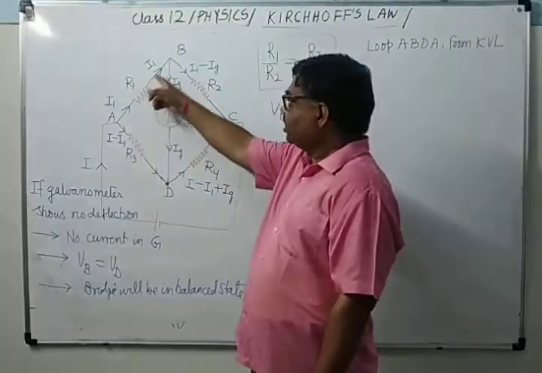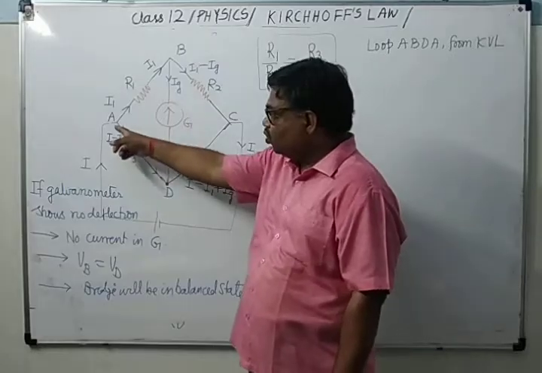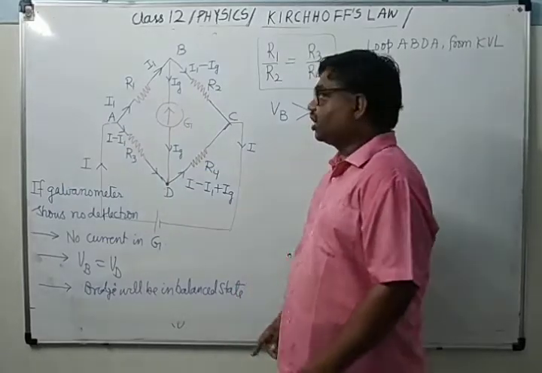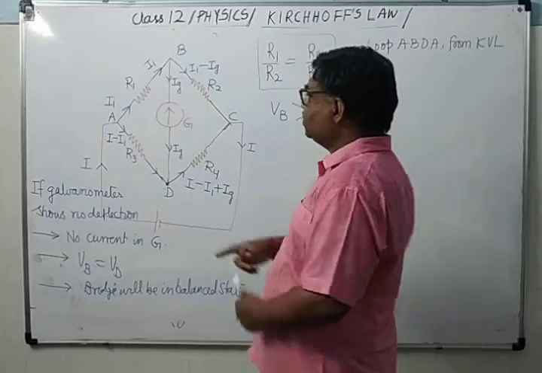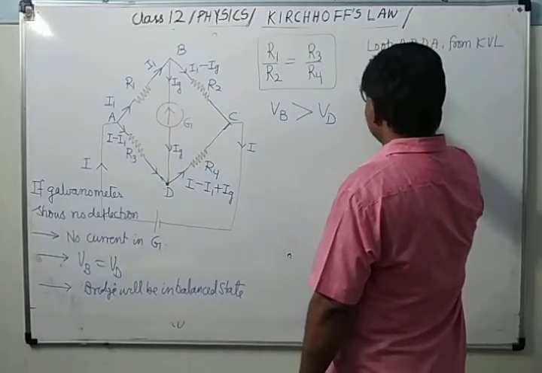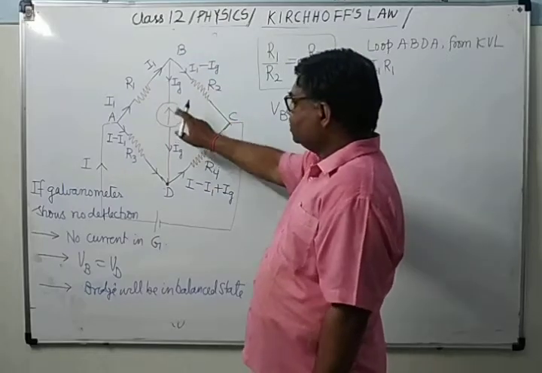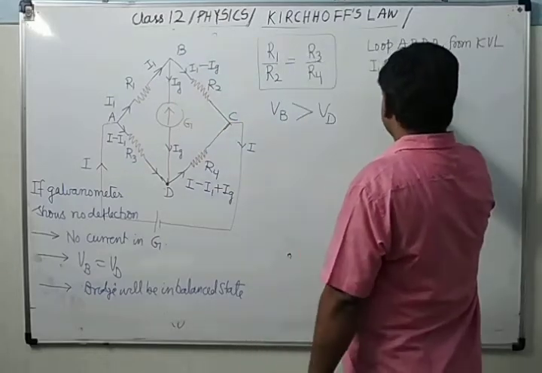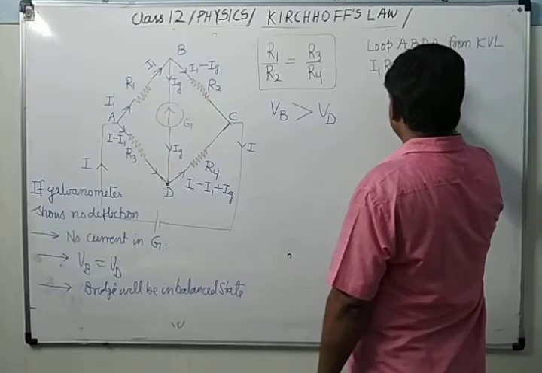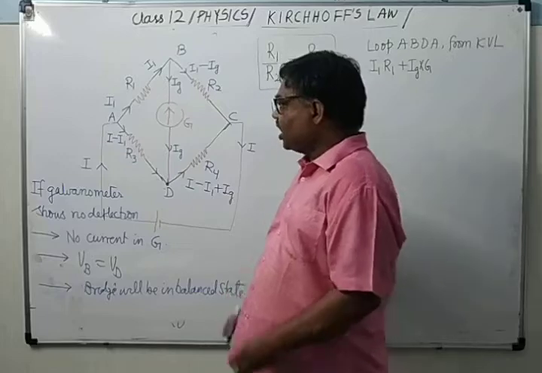Here you are going in the direction of current, here also in the direction of current, but here you move opposite to the current. So IR will be positive here, so this will be I1 into R1. Then IR will be positive here, the current is Ig and the resistance is G, so it will be Ig into G. But here you go opposite, so IR will be negative.